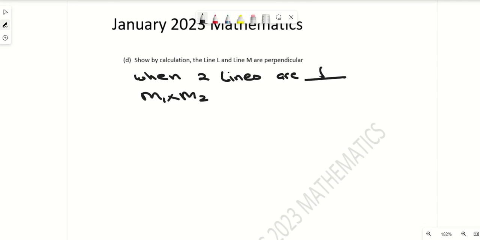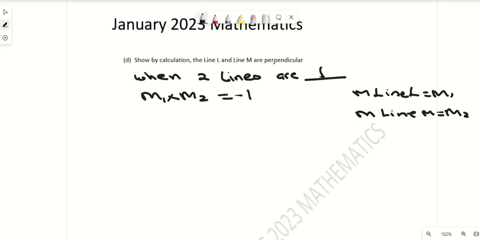So let's say the gradient for L, for line 1, L, is equals to M1, and the gradient for line M is M, right? M is equals to M2. So when you multiply the gradients of those two, you're supposed to get negative 1. This is a rule of thumb. So perpendicular lines, right, when you multiply their gradients, you're supposed to get negative 1.